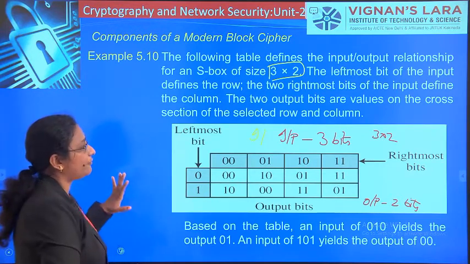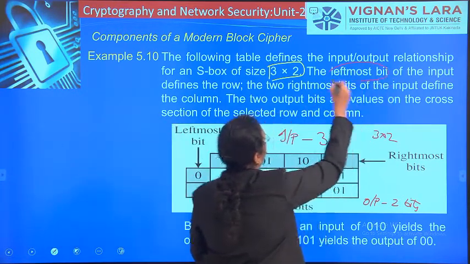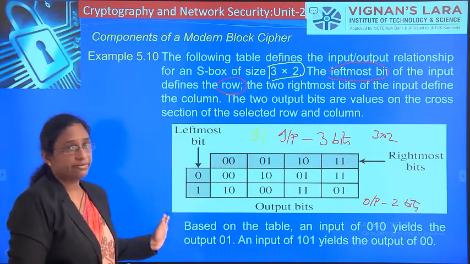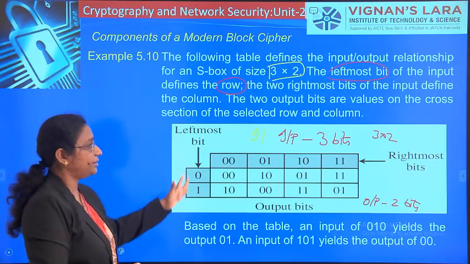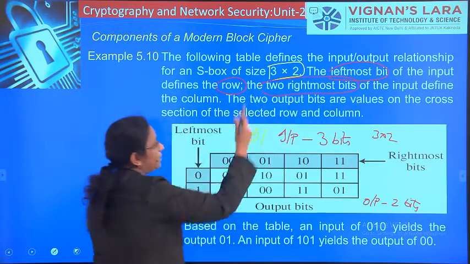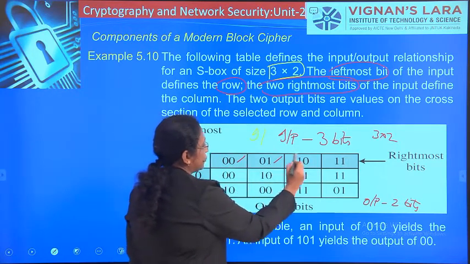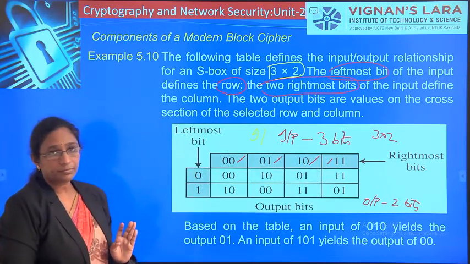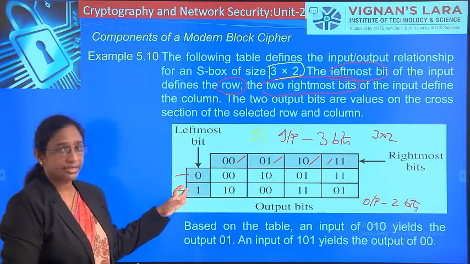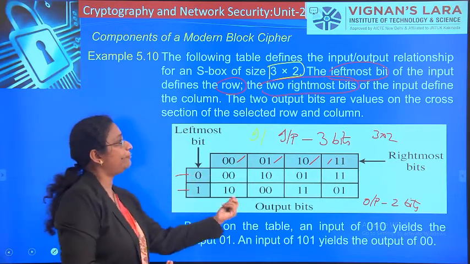For mapping, what we have to do is that the leftmost bit of the input defines the row. Similarly, the two rightmost bits of the input define the column. Then we have to map it.